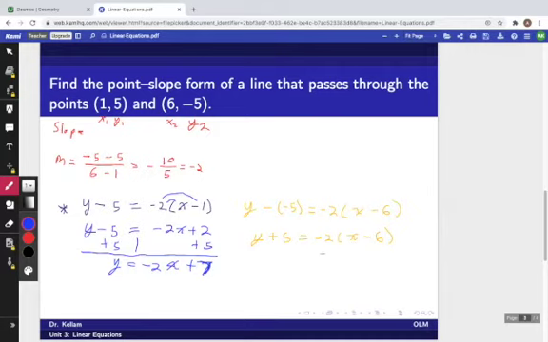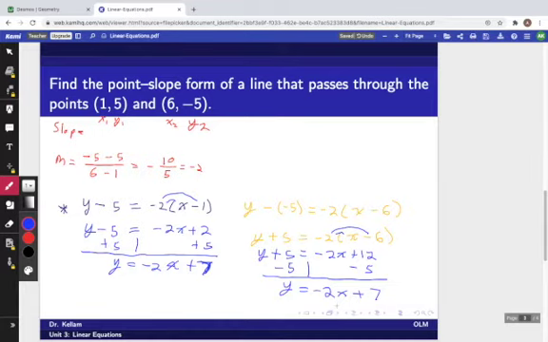Now, if we come over here and distribute that, I get negative 2x plus 12, and I have y plus 5, and then I'm going to subtract 5 from each side. And in doing that, I end up with y equals negative 2x plus 7. So you can see that they're both the same line. In essence, it doesn't matter which one you provide, unless you were told to use a specific point.